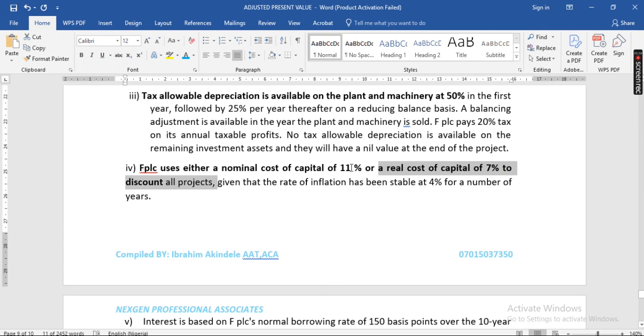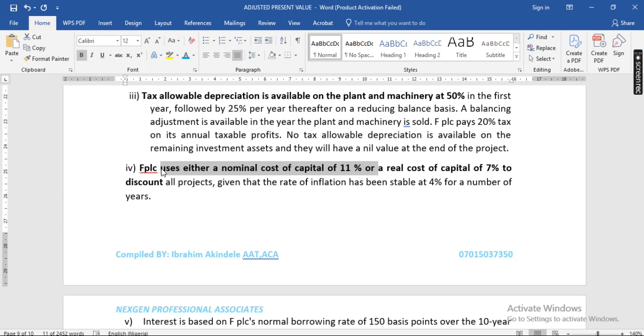But in this question, we're given 11%. However, if you want to test it, you will have 11%, given that the rate of inflation has been stable at 4% for a number of years. This is the general inflation attached to it. So if I want to lock this question, I may decide to remove this part and tell you that FPLC uses real cost of capital of 7% to discount all projects, and they will give you the inflation of 4%.